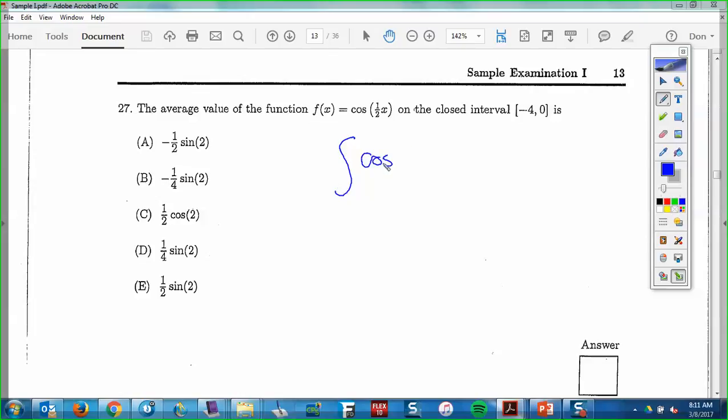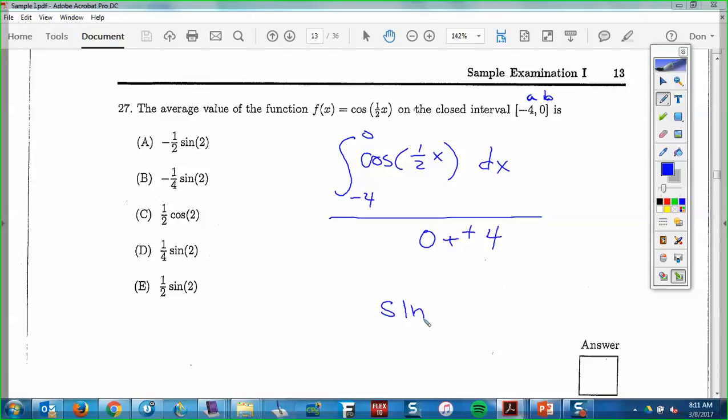Integral of cosine 1/2 x, -4 to 0, divided by what? B minus A, right? B minus A. So the antiderivative of cosine is sine.